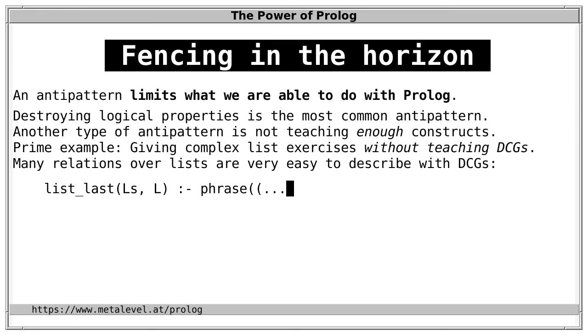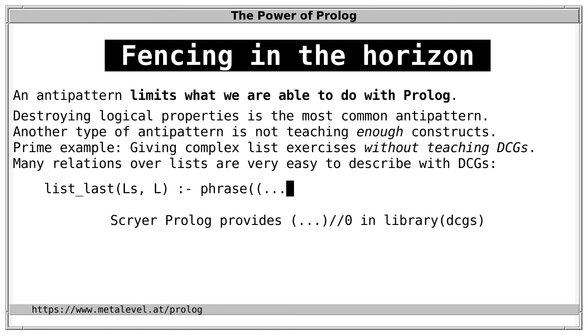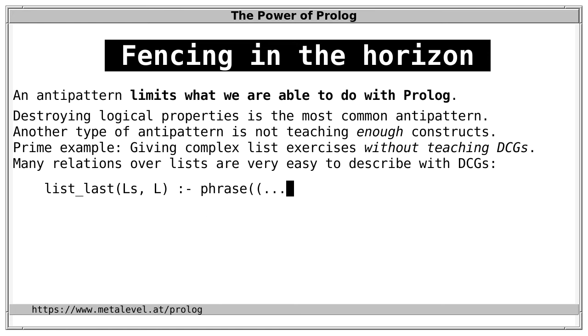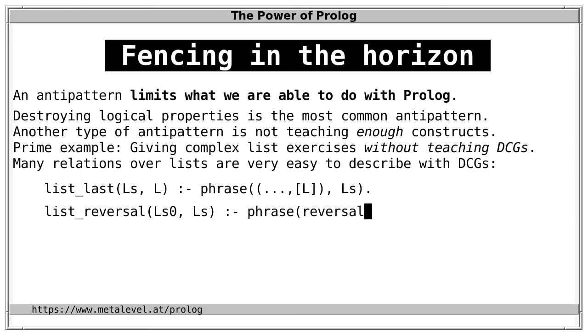So the list we're describing has the form ... denoting any list at all from library DCGs, and then the last element L. And if ls is of this form, namely anything at all followed by L, then the relation holds. So L is the last element of the list ls. Or as another example, relating a list ls0 to its reversal ls. We can also easily describe it with a grammar, and I leave it as a challenge.